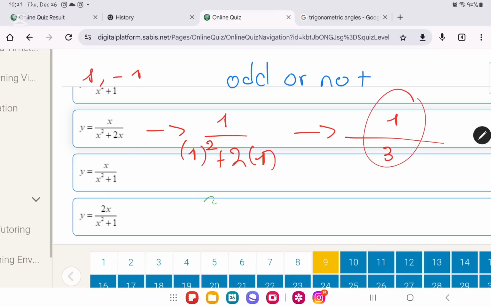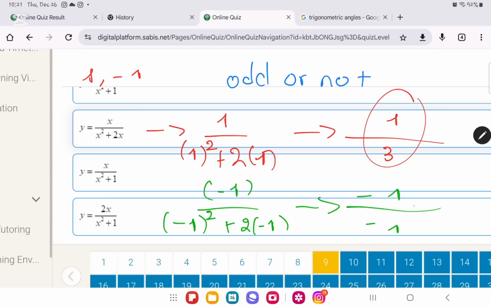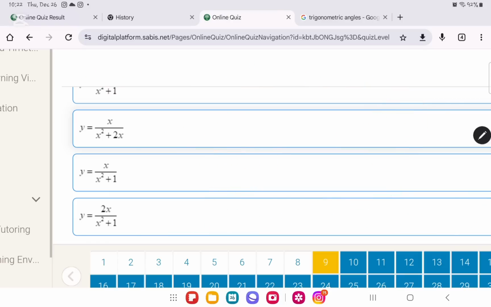Now, if we substitute -1, we get -1 to the power of 1 divided by -1 to the power of 2 plus 2 times -1. We get -1 divided by 1 minus 2, so -1 divided by -1 is 1. Now look here. They are totally different numbers, so it's not odd, not even. So we're going to say it is not odd.